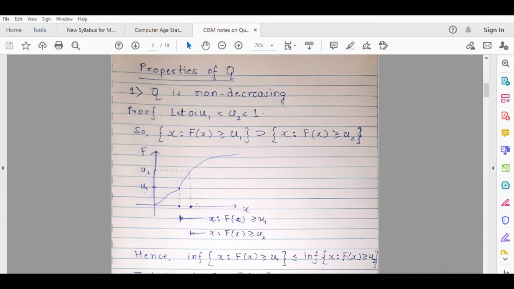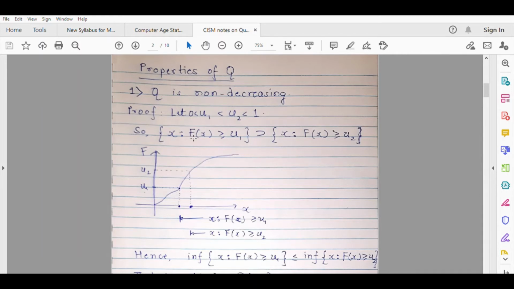As a result, the set X such that F(x) is greater than or equal to U1 will start from here. This entire portion of X satisfies the condition that F(x) is greater than or equal to U1, and similarly all the points in this region fulfill the condition that F(x) is greater than or equal to U2. So clearly this set contains that set.